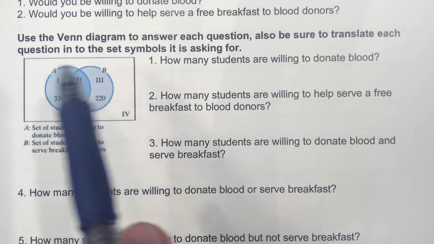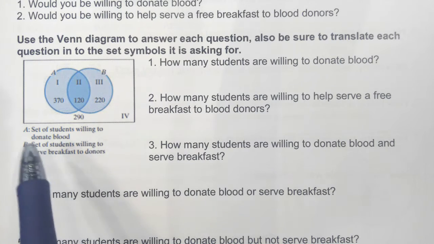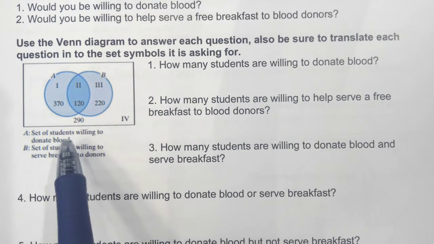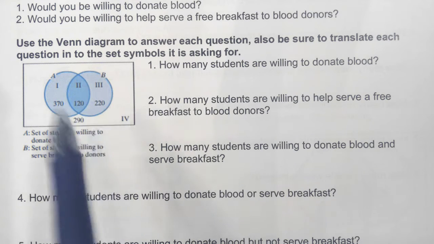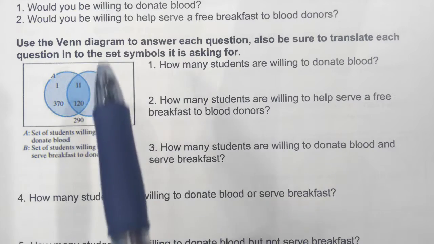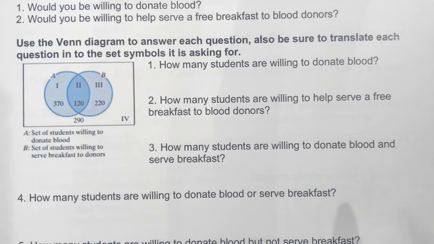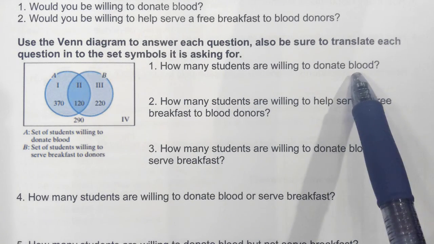Okay, so we've got set A, which represents the set of students willing to donate blood. That's question one. And then set B represents the number of students willing to serve breakfast to donors. That's question two.